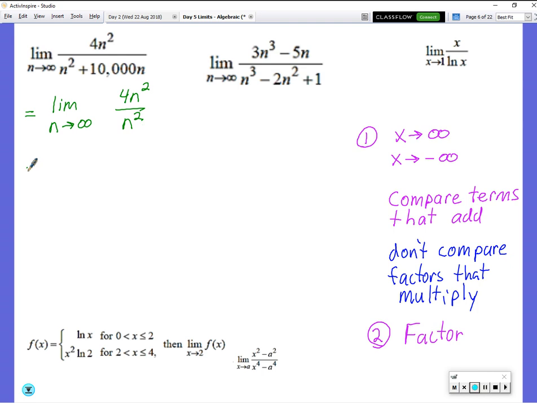Next thing. Now that we've got a simpler limit problem, we can do this step. We can look to factor. It's already factored. I'm just going to list the factors separately. So this becomes the limit as n approaches infinity of simply 4 divided by 1 multiplied by n squared divided by n squared.